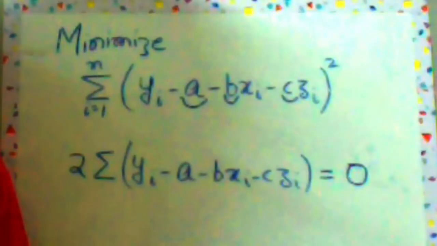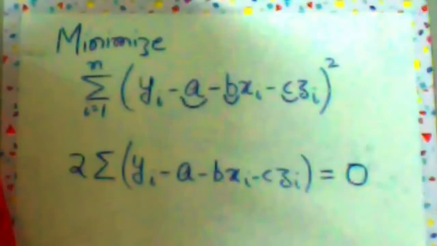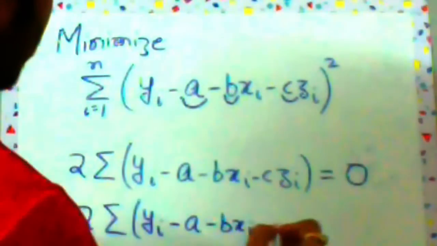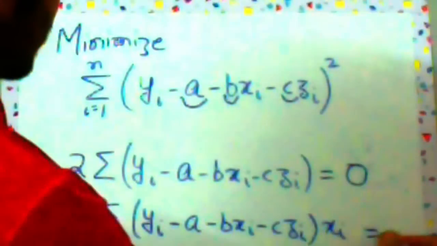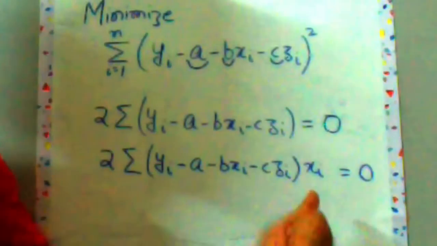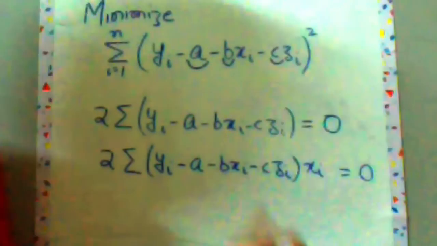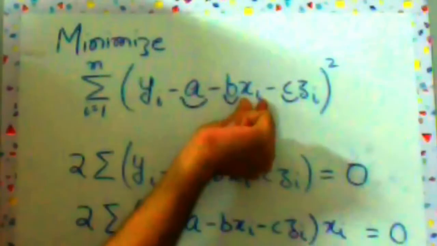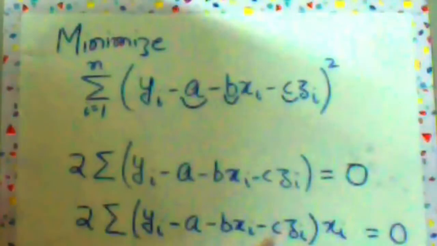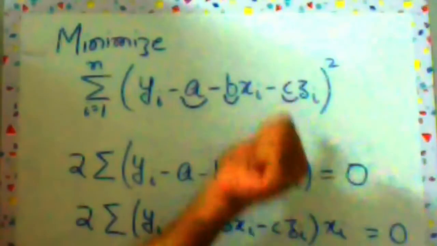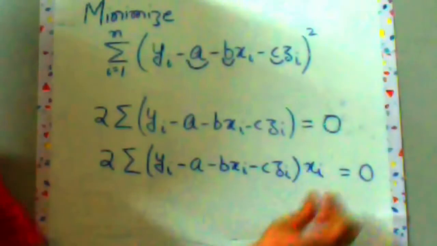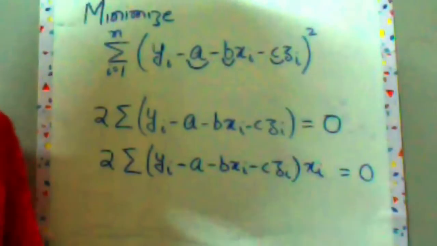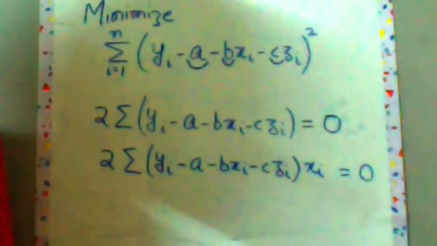Now let's differentiate it with respect to b. Over here we had an extra x_i term because the coefficient of b is x_i here. And similarly, if we differentiate it with respect to c, we will get the same thing and we will have a z_i in place of x_i. So let's just write that thing down.